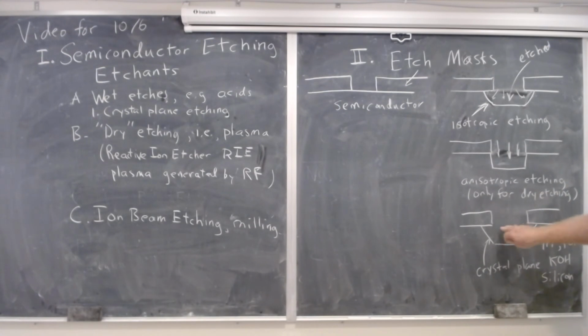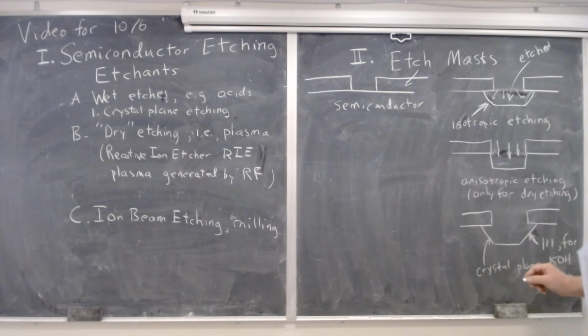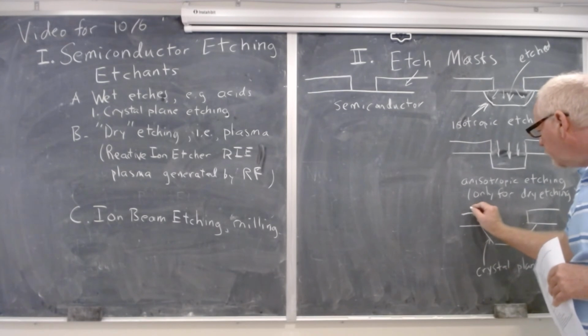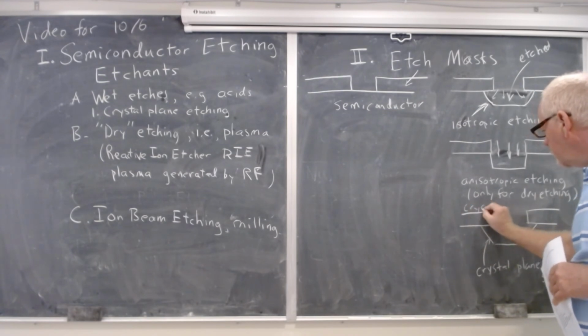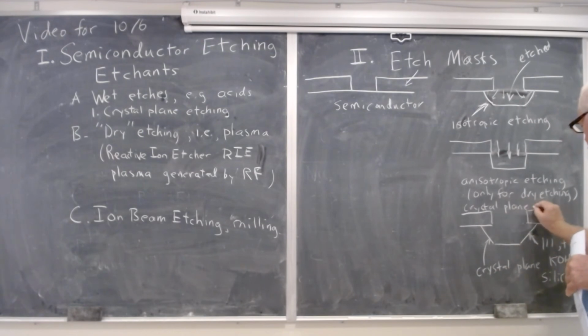So this would be crystal plane etching or crystallographic etching. I'll call it crystal plane etching. Is this one here. So these are the sort of three types of profiles that you can get.